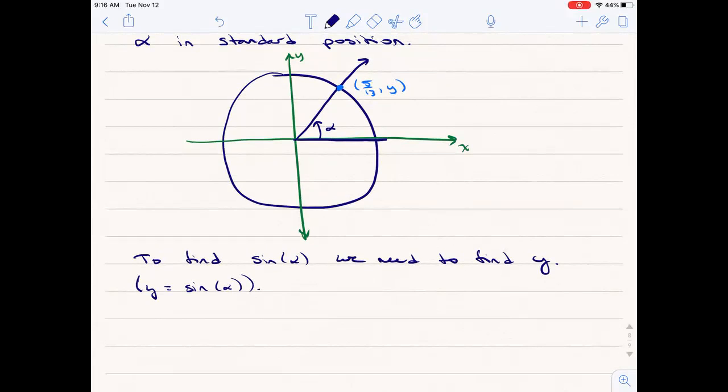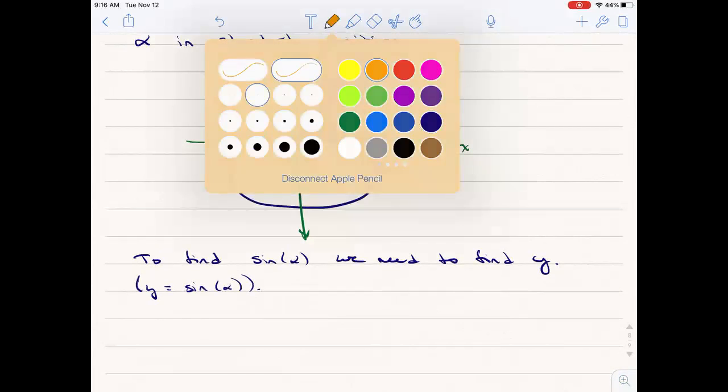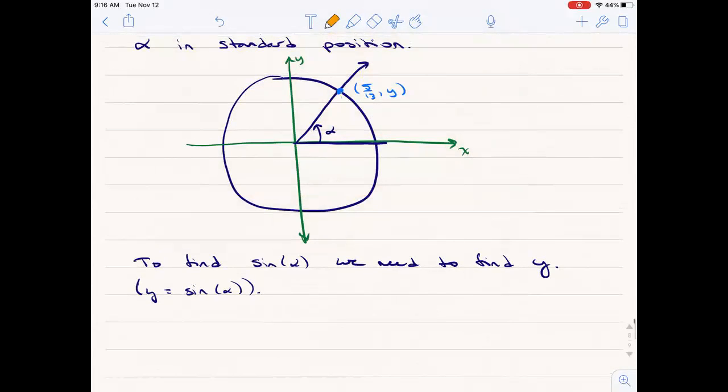We don't need to know what alpha is. What we can do is imagine a right angle triangle here. I'm allowed to do that, as long as I drop down perpendicular to the x-axis, and I denote that 90-degree angle with the little square in the corner.